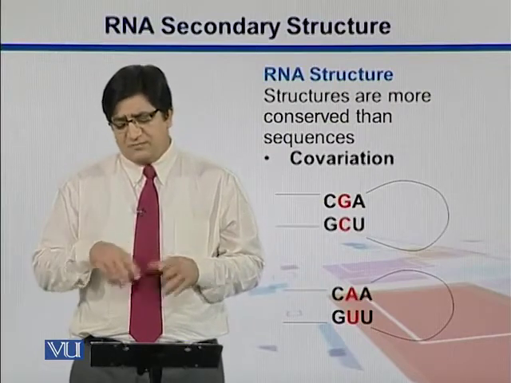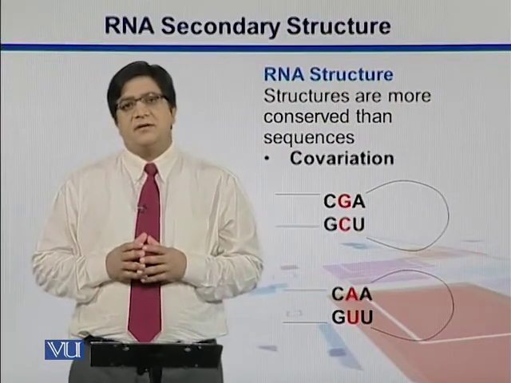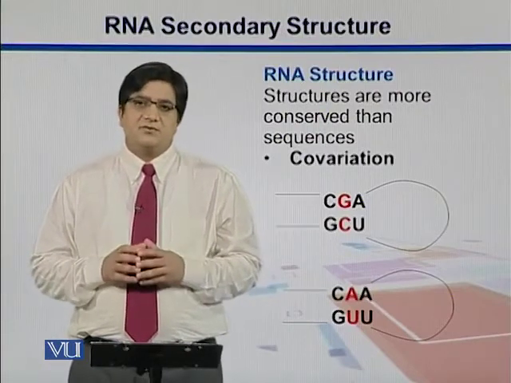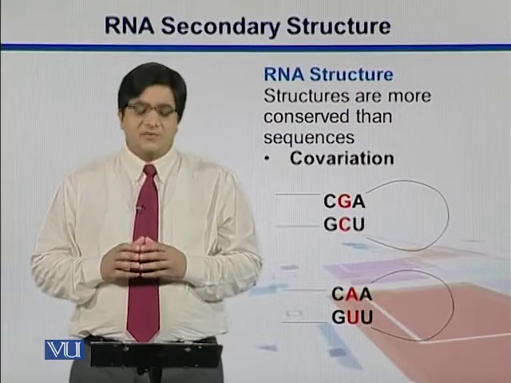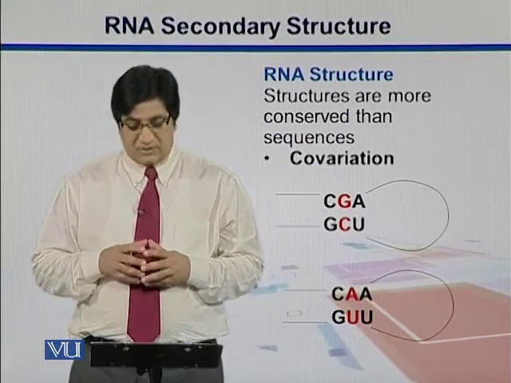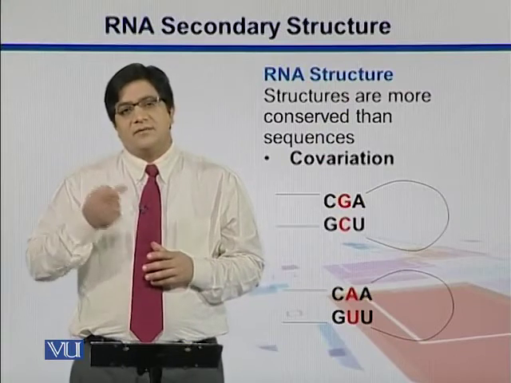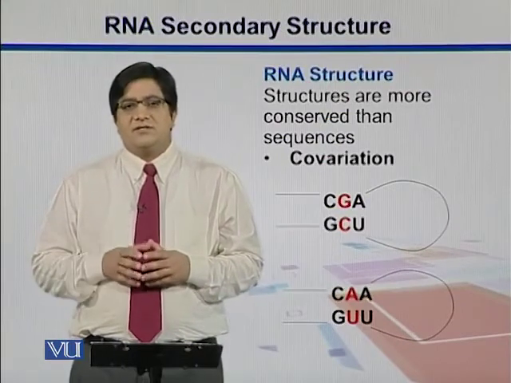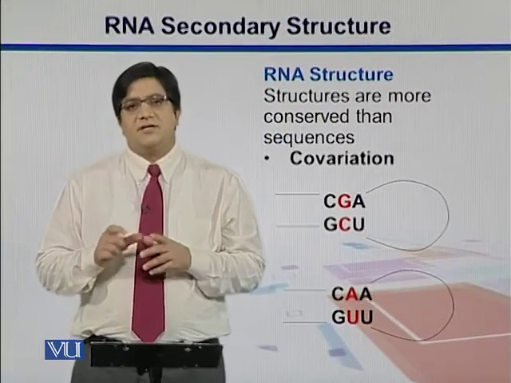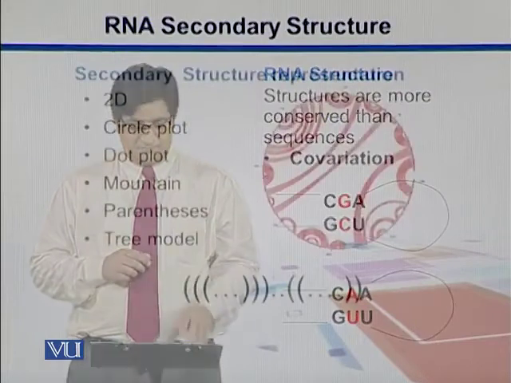That's why this loop comes, and the overall structure is a hairpin. Now nature wants to conserve this hairpin structure. So what happens is that when one of the nucleotides changes, for example this G changes to A in the bottom strand, at the same time the position with which it is pairing or binding also changes. That kind of variation is called a covariation.